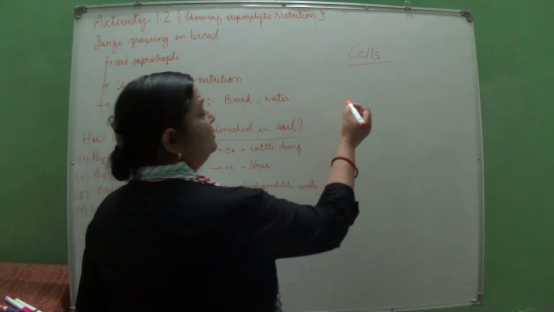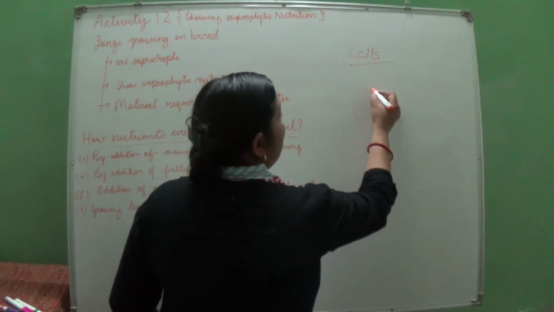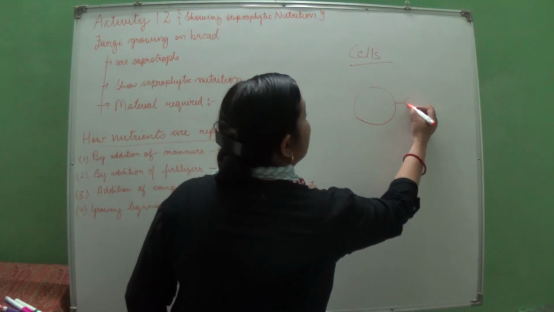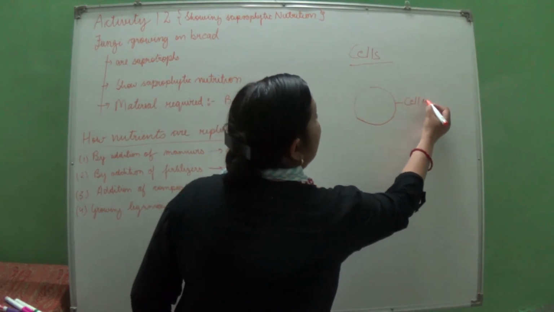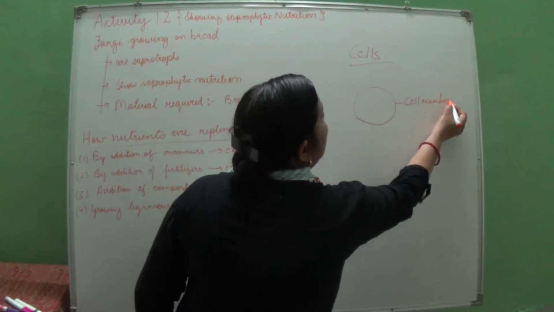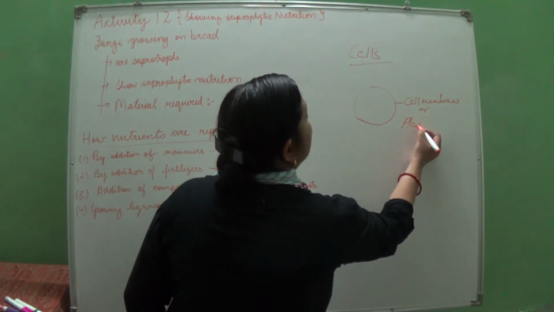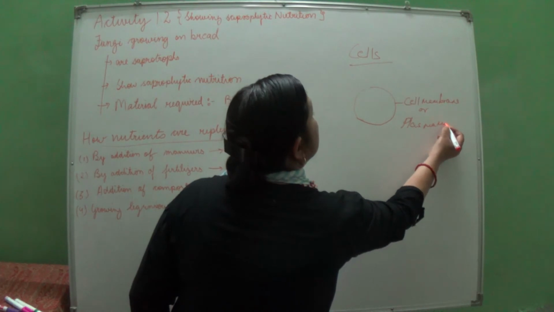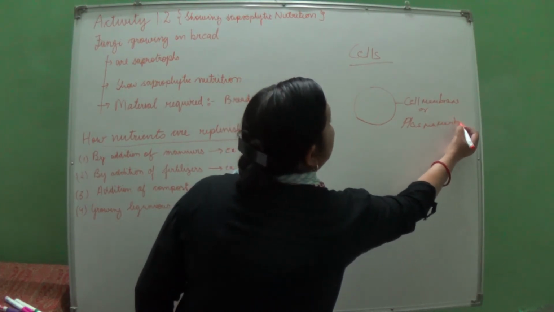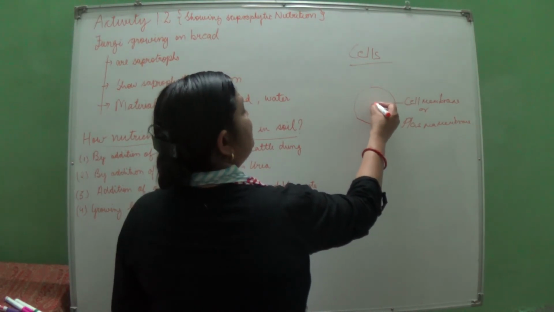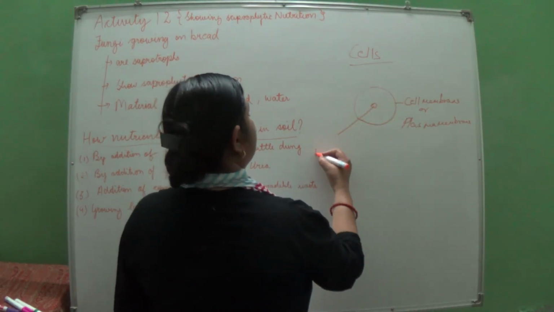When we talk about the cell, it has a boundary, and it is known as what? Cell membrane or plasma membrane. At the center what is present? Nucleus.